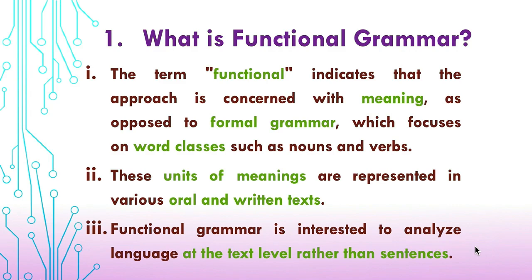So in formal grammar, we end up at the level of one sentence. But in functional grammar, we don't talk about one single sentence. We talk about the text level, the paragraph level, the composition level. The text may be small, the text may be long, depending upon what you are going to look at.